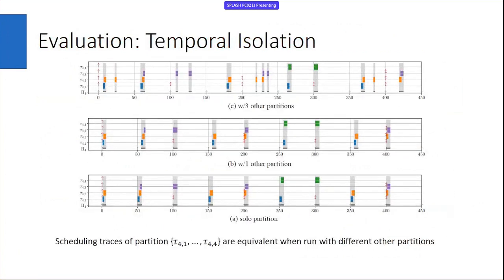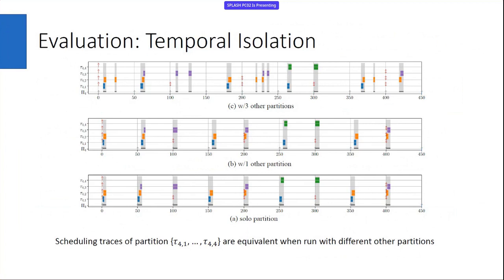And so indeed we implemented our verified scheduler, and we ran it on many test cases. I'm just showing you one particular example where we have a partition 4, which contains 4 subtasks, tau 4.1 through tau 4.4.